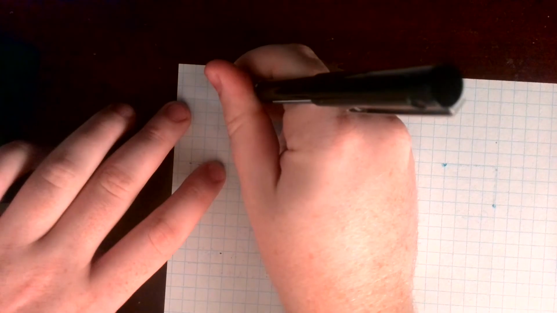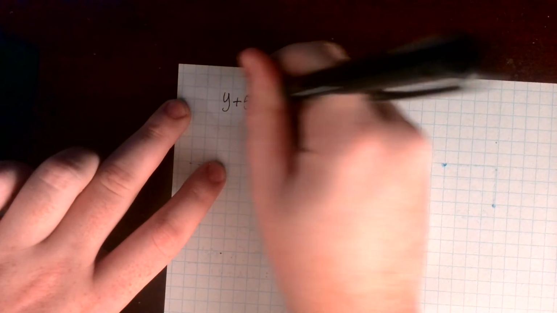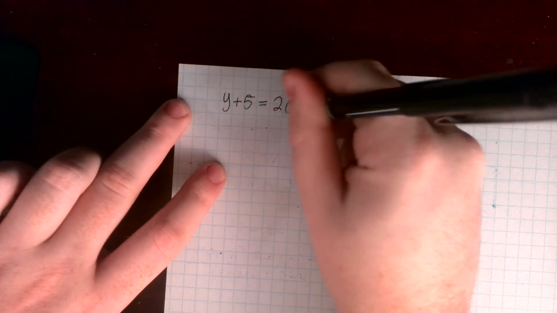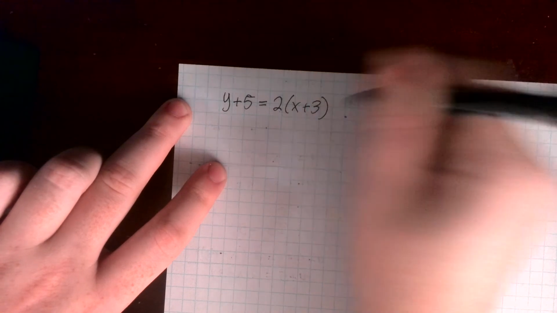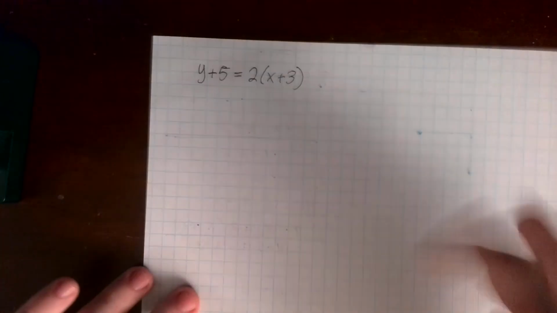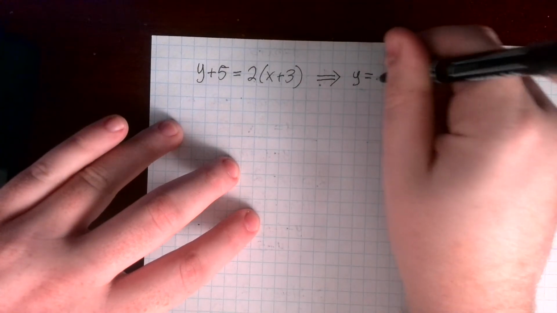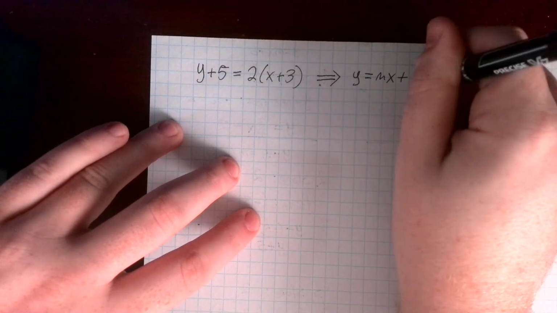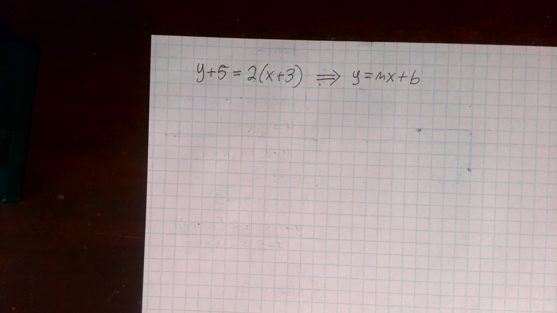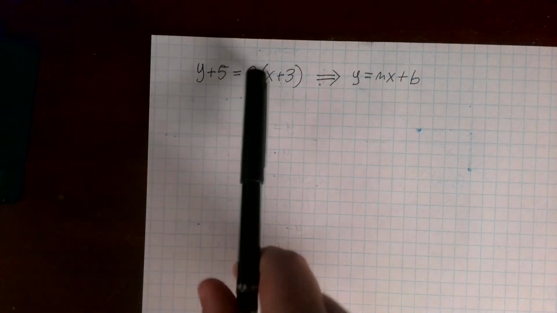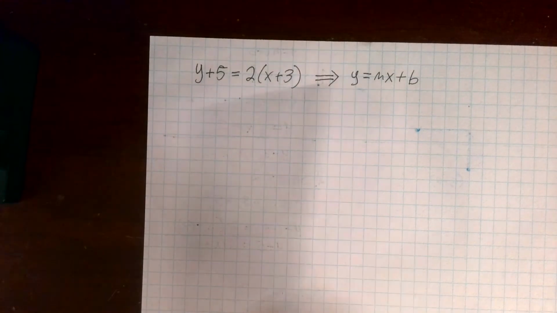We'll take a look. If we have y plus 5 equals 2 times x plus 3, but we want to turn it into a form like this, y equals mx plus b, all we need to do is ask ourselves, what's different between these two, and how can we go from this to this?